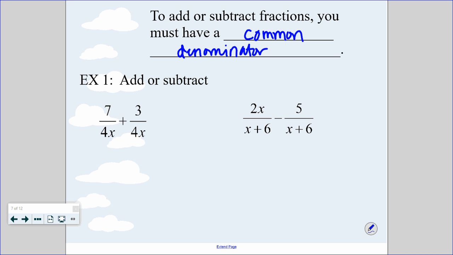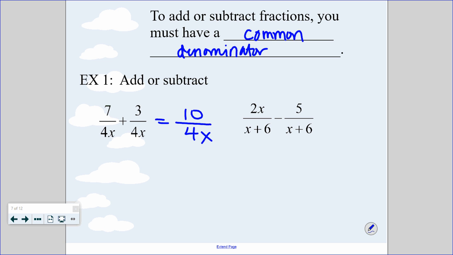Okay, so here's our first example. 7/4x plus 3/4x. Do they have the same denominator? Yes. Okay, so when I add them, I add the numerator, 7 plus 3, and I get 10/4x. That stays the same.